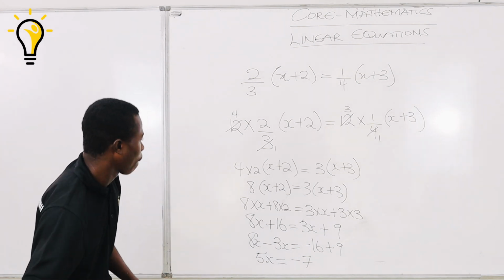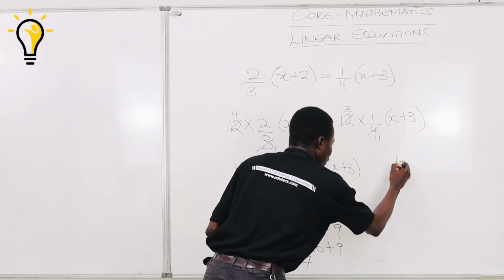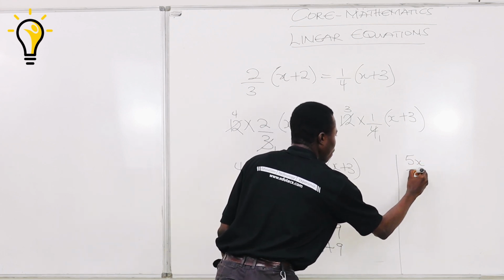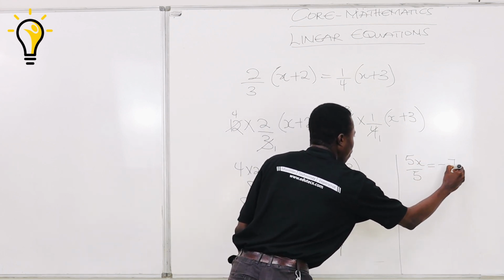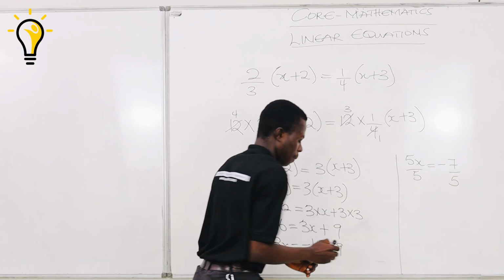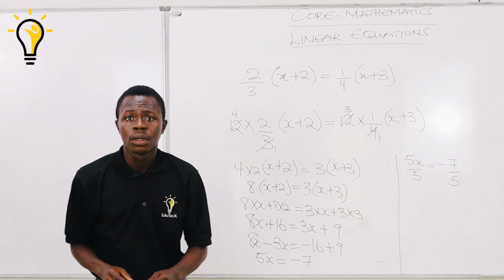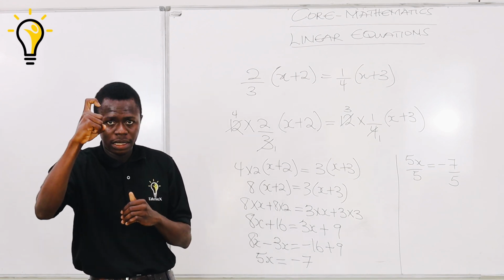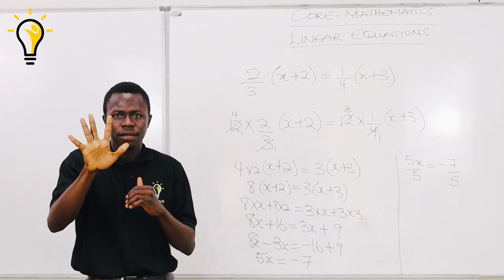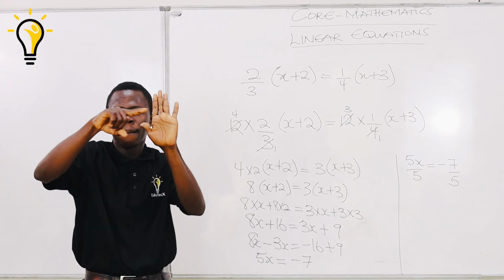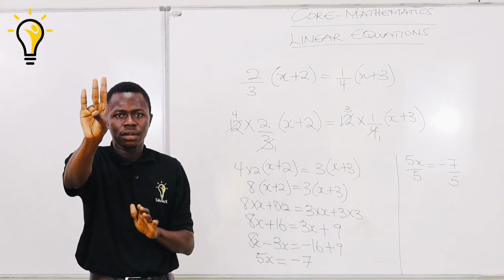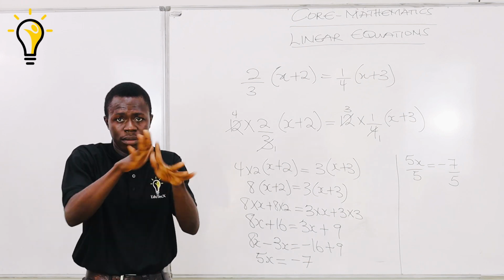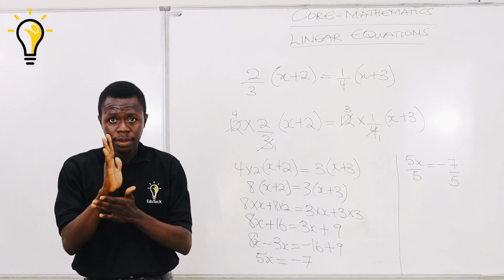So let's try that as well. 5x divided by 5 equals negative 7 divided by 5. So let's try and do the division.